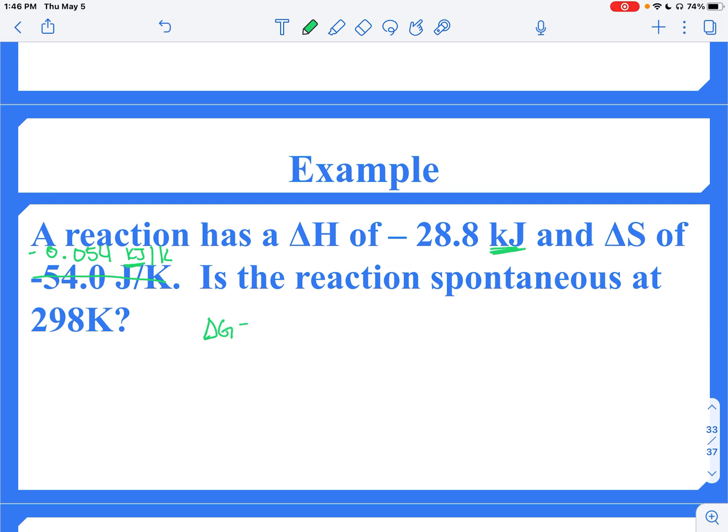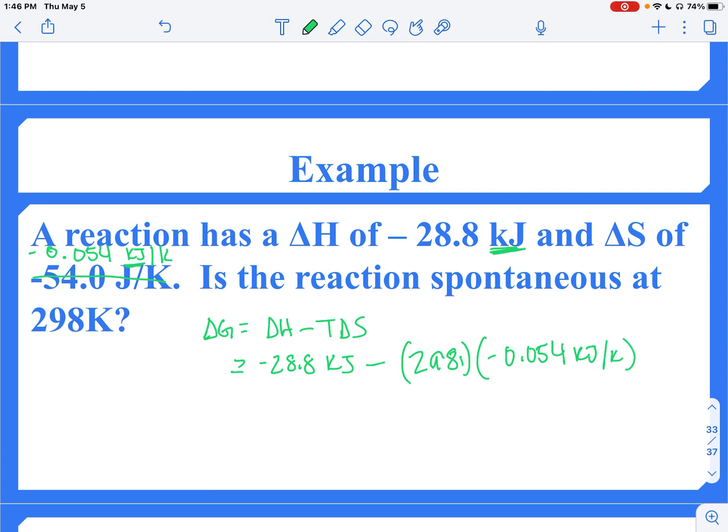So delta G is equal to delta H minus T delta S. Delta H is negative 28.8 kilojoules. And then you're going to subtract our Kelvin times our delta S. You'll see that the Kelvins will cancel, and then you'll have kilojoules minus kilojoules.